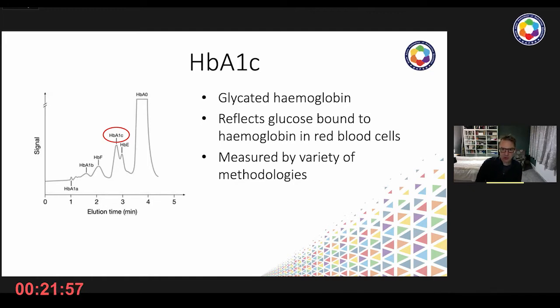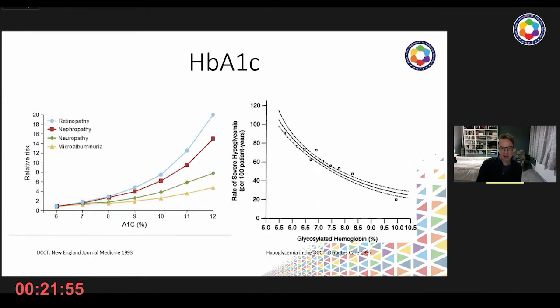We're all very familiar with using HbA1c, and it has a huge evidence base that tells us that it is robustly associated with important micro and macrovascular outcomes and with hypoglycemia.